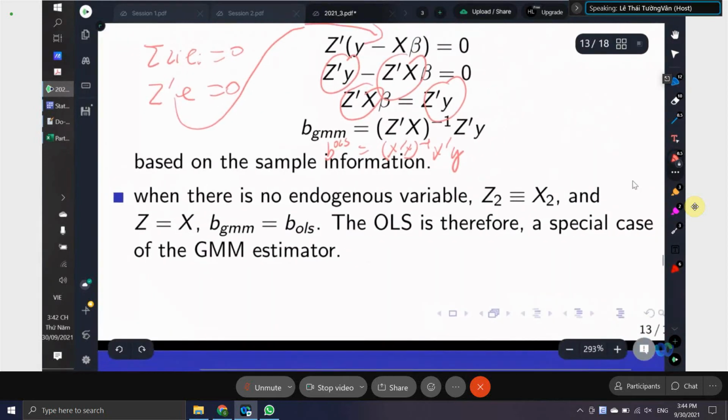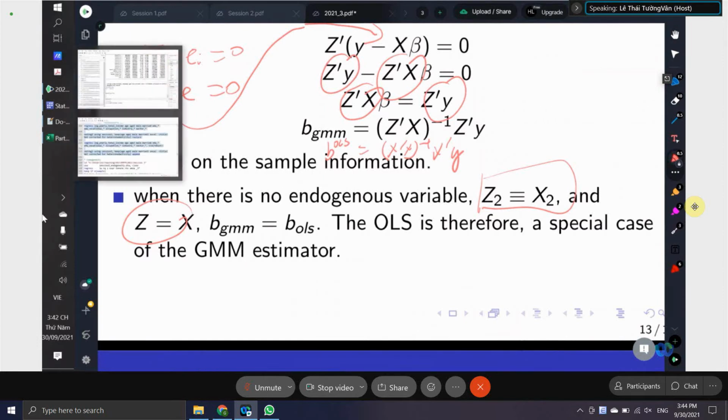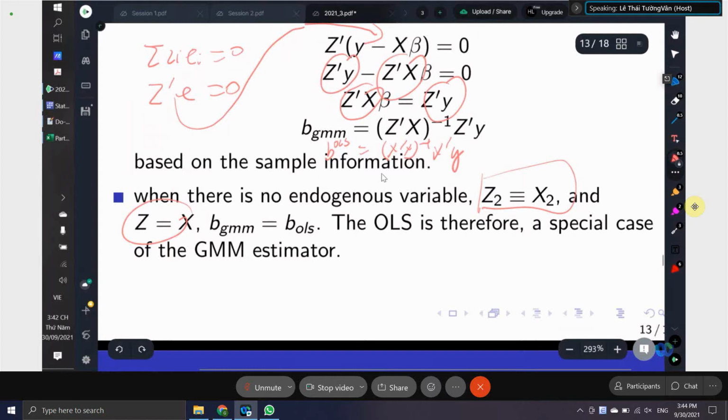When there is no endogenous variable, Z2 is equal to X2 and Z is equal to X, and the GMM estimate is equal to the OLS estimate. So the OLS, the ordinary least squares model that we have discussed so far, is just a special case of the generalized method of moments.